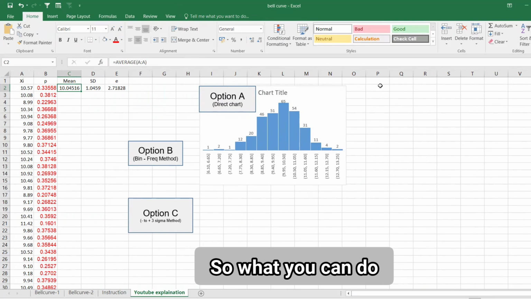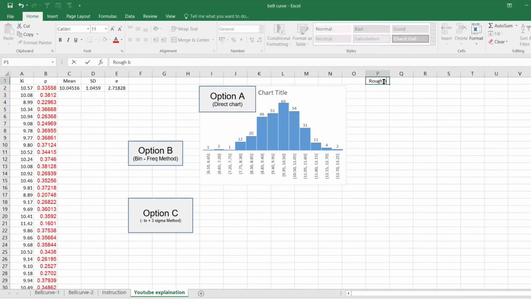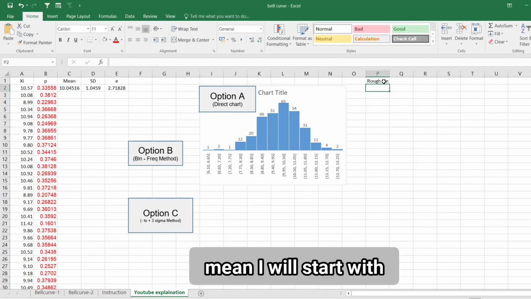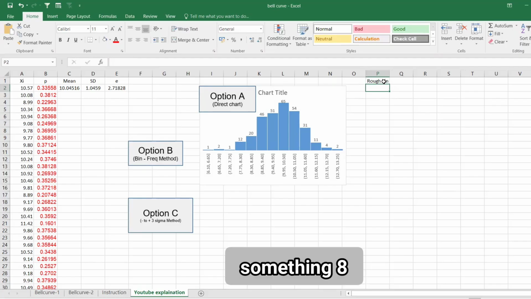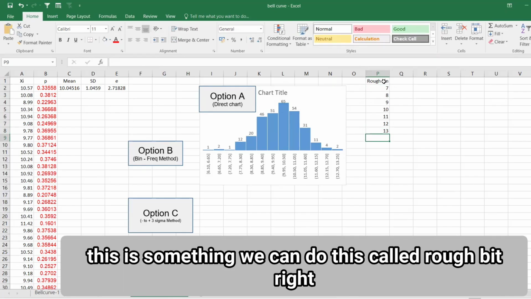So what you can do is give a rough bin. With 10 as the mean, I will start with 7, 8, 9, and 10 is my mean, 11, 12, 13. This is something we can do.